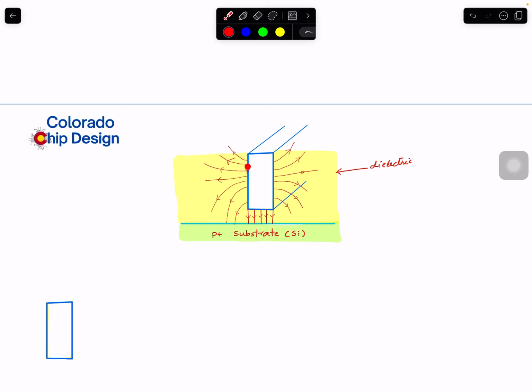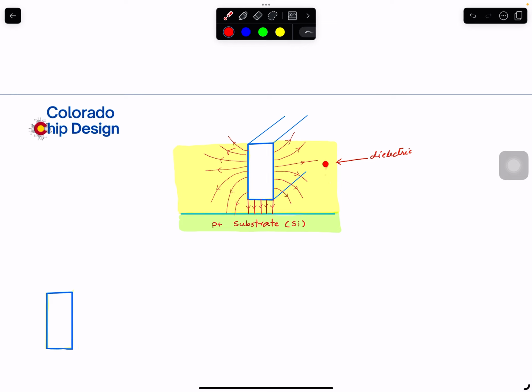But in this metal structure, the height is not smaller compared to the bottom side. This thickness or height is pretty big. That means there is an electric field coming from the side that previously we ignored, and it is no longer ignorable. So there is another component of capacitance from this side-type electric field.